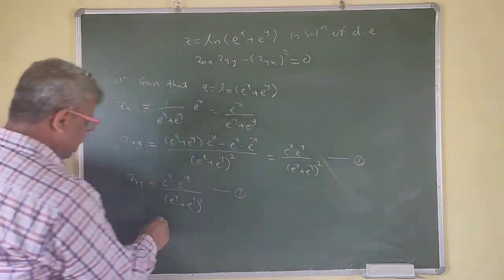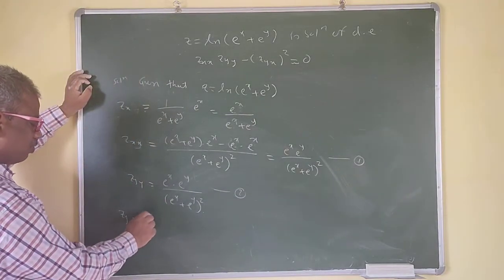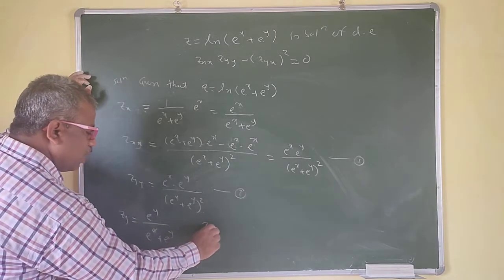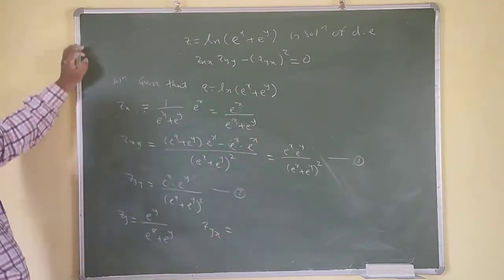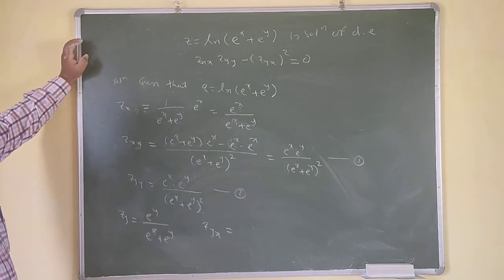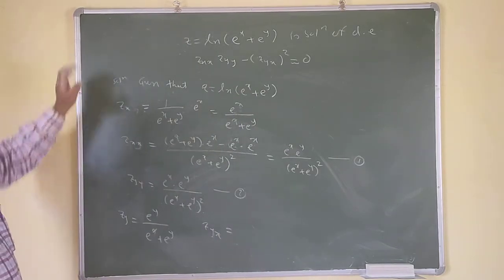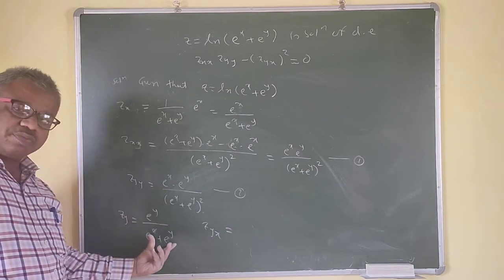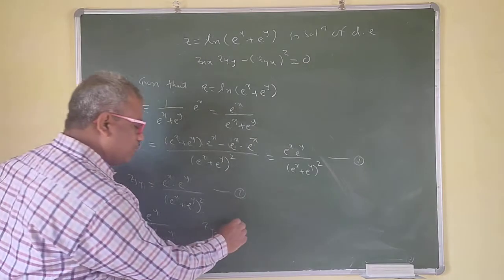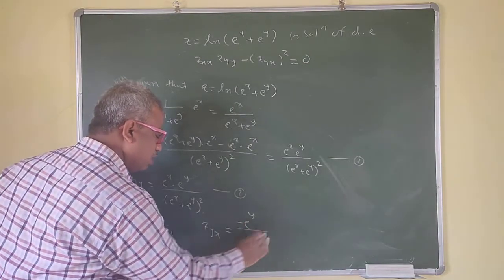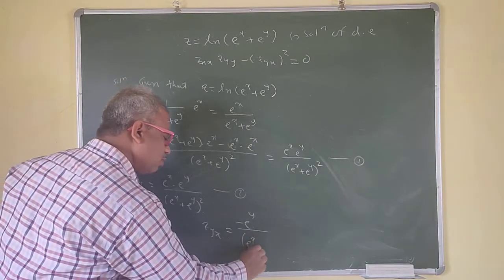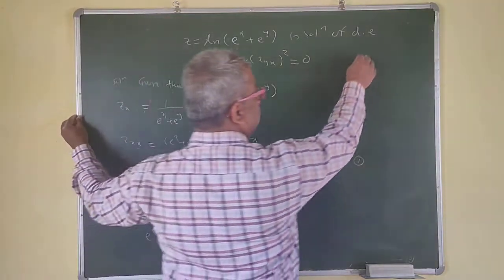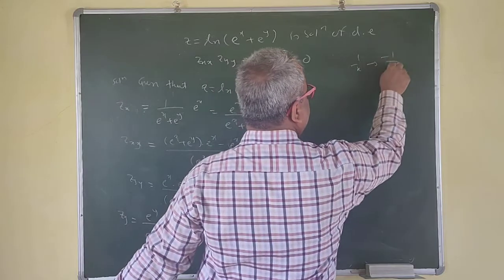So what is your zy? Zy is e raised to y upon e raised to x plus e raised to y. Now we find zyx. Again you have to apply the u by v rule. Now e raised to y is a constant and this is 1 upon something, right? So the derivative of 1 upon something is what? Derivative of 1 by x is minus 1 by x square.